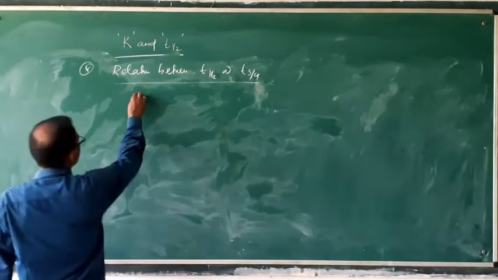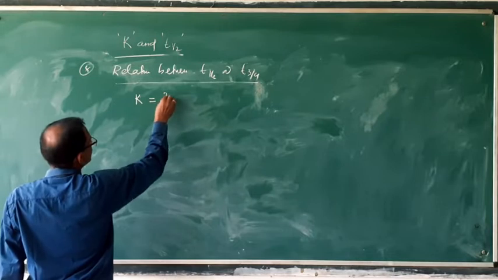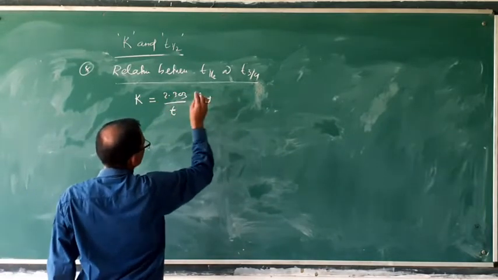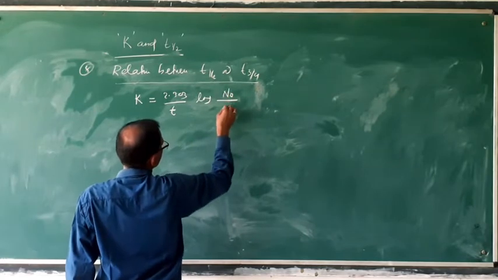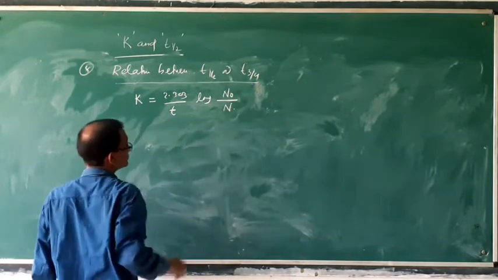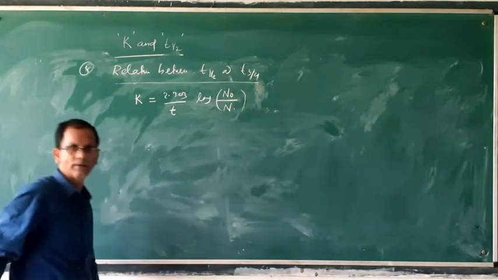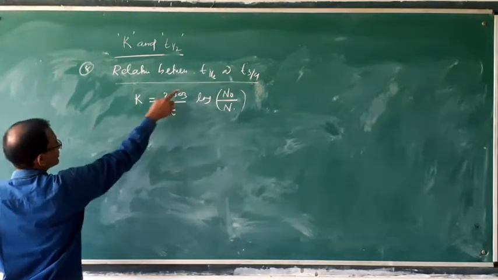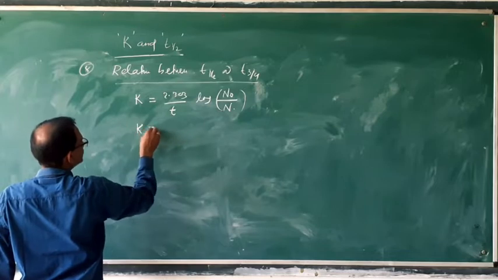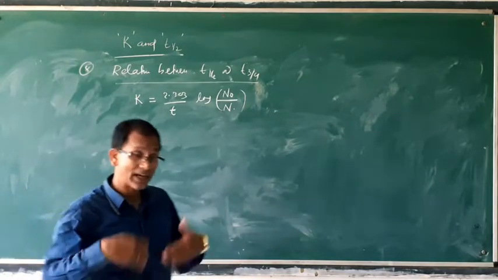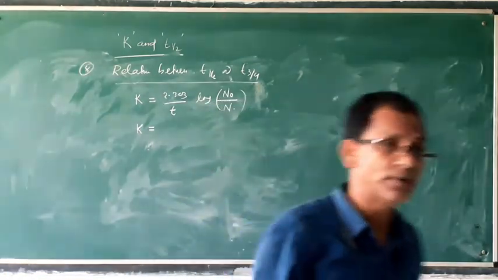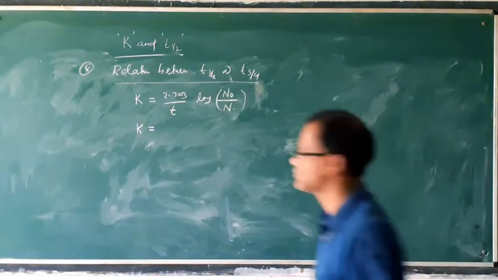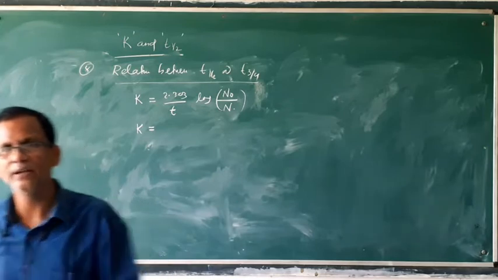We know K is equal to 2.303 by t log N0 by N. This is the formula we have already read. First, for T half, remember you can consume 50%, 40%, 30%, there will be no change in K. K remains constant, but time will change.